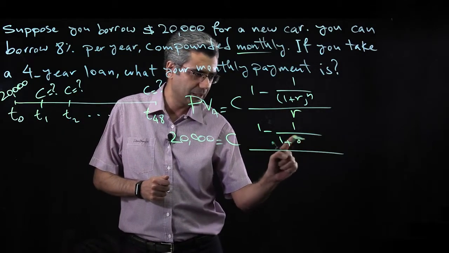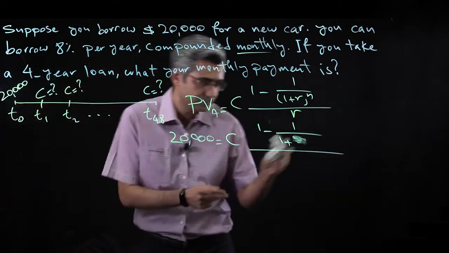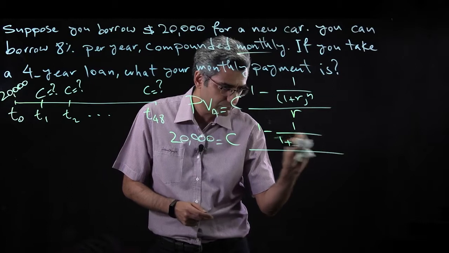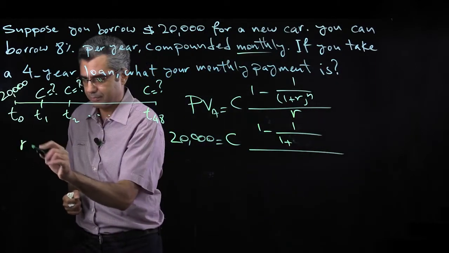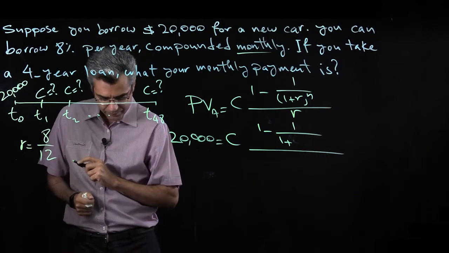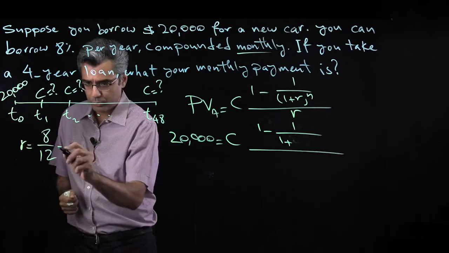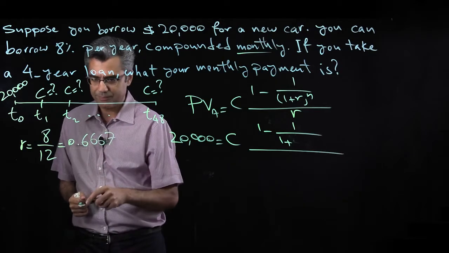So I will first compute it. The interest rate per month is 8 divided by 12, which is 0.6667%.